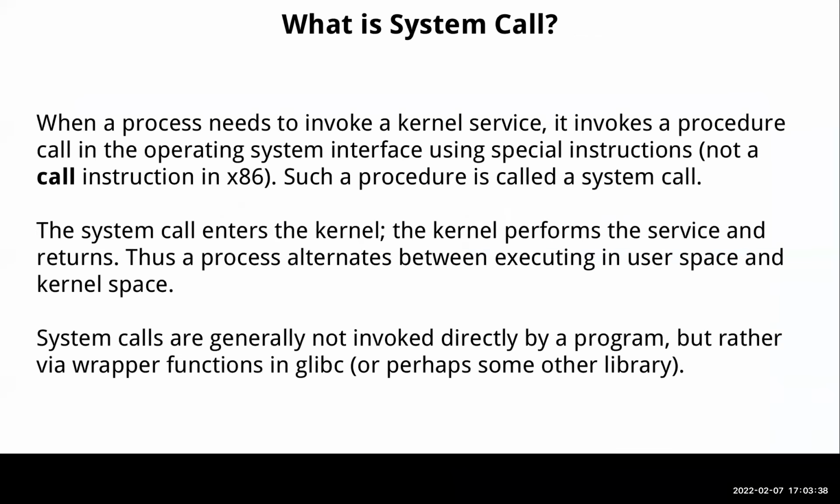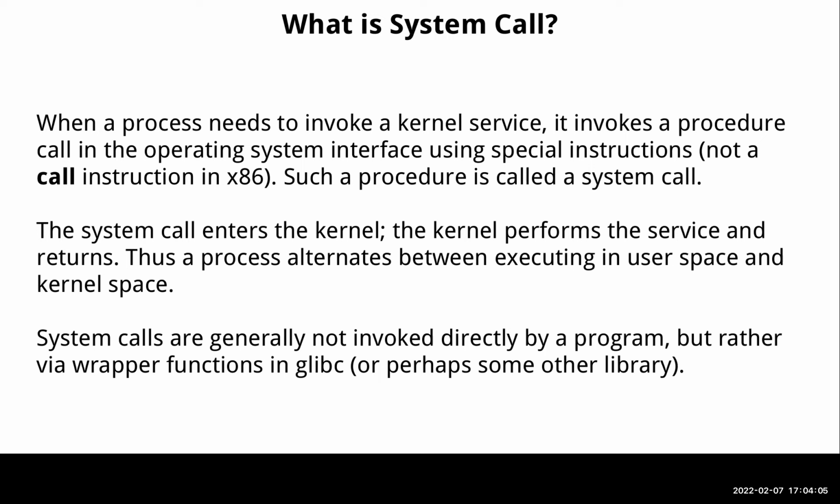Okay, so let's talk about what system calls are. System calls are the interface an operating system provides for the processes running on top of it. Processes or applications usually run at the unprivileged level, which means they cannot run some special instructions and cannot access certain memory regions.